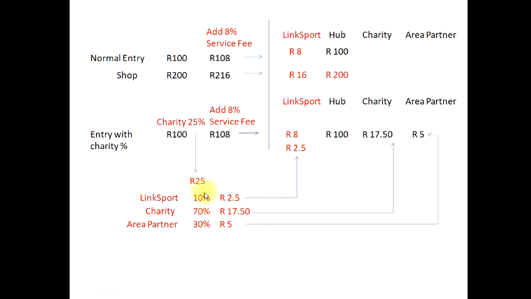So then that 25 Rand gets distributed 10%, 70%, 20%. So 2.5 Rand will go to Linksport, 17 Rand 50 will go to the charity, and then the area partner will get 5 Rand. Okay, that's what's happening here.